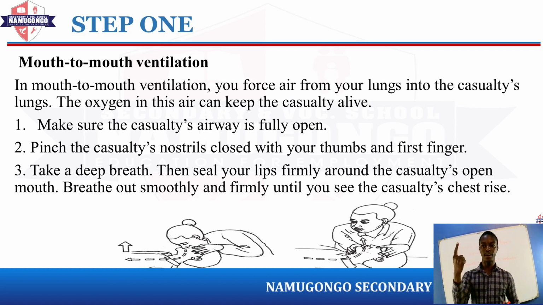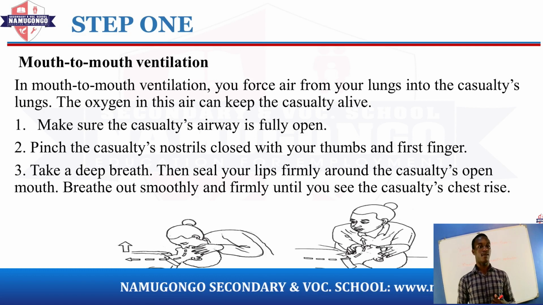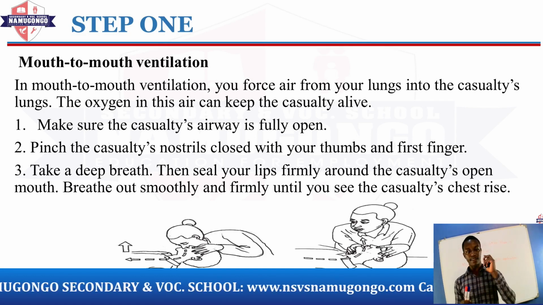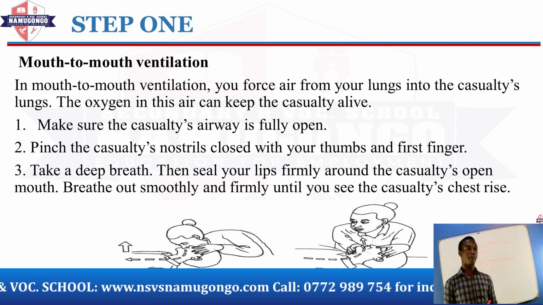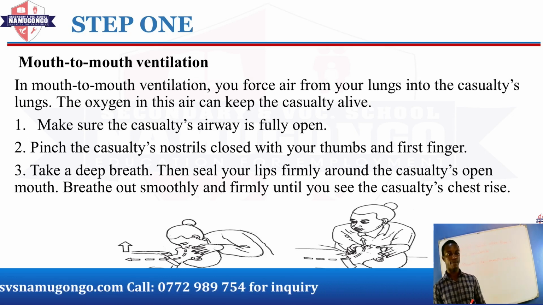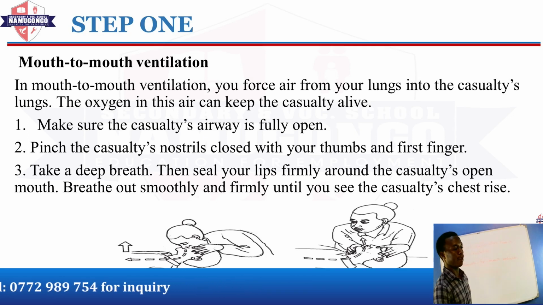Take a deep breath, then seal your lips firmly around the casualty's open mouth. Breathe out smoothly and firmly until you see the casualty's chest rise. When you see that, it means the person has taken in air.